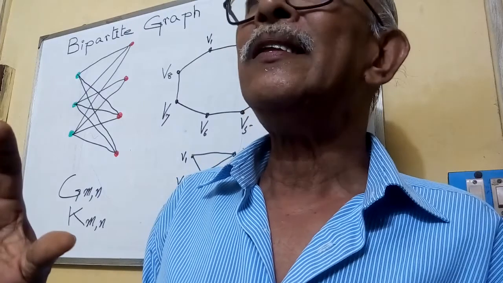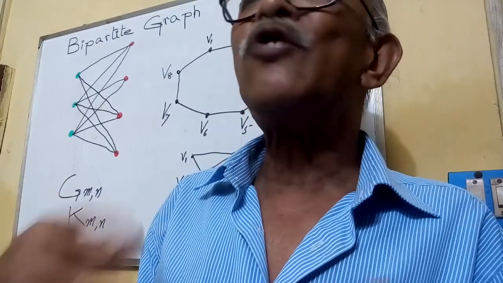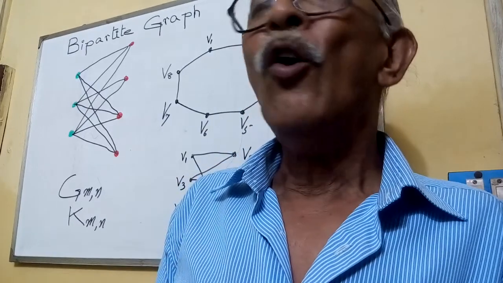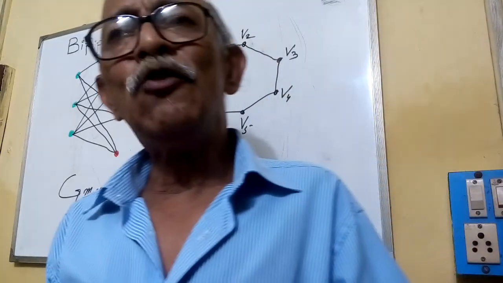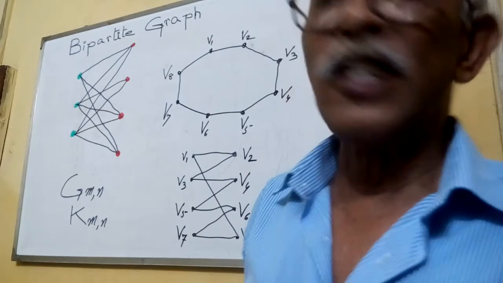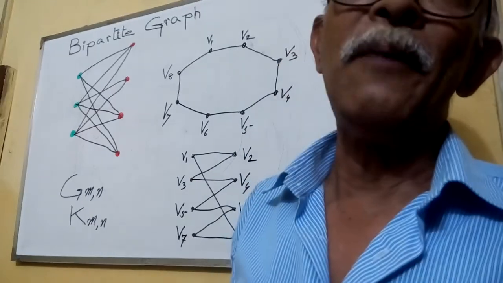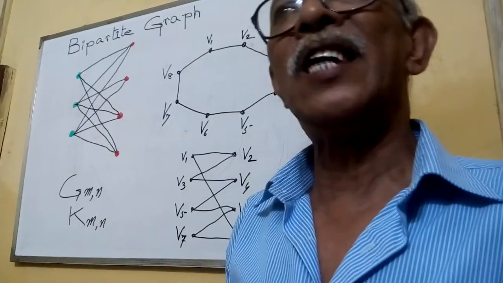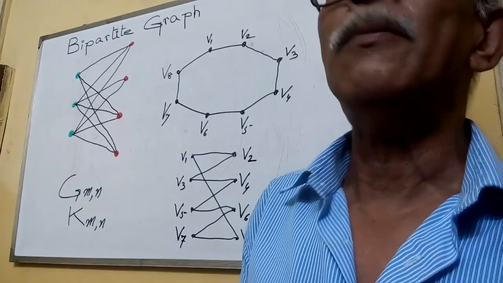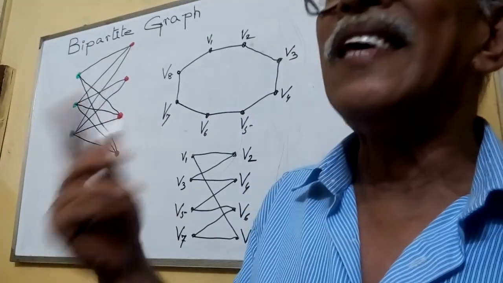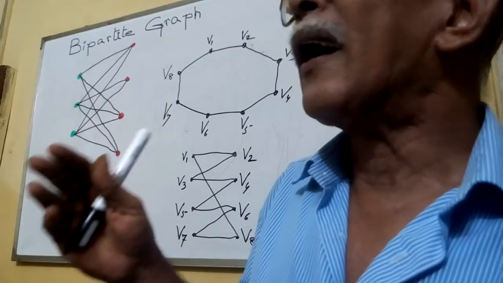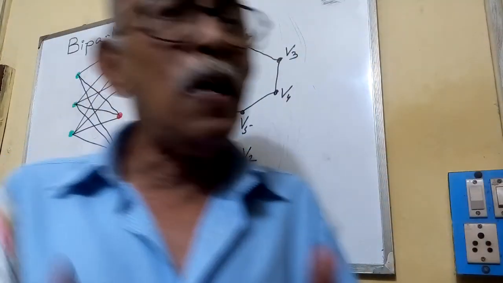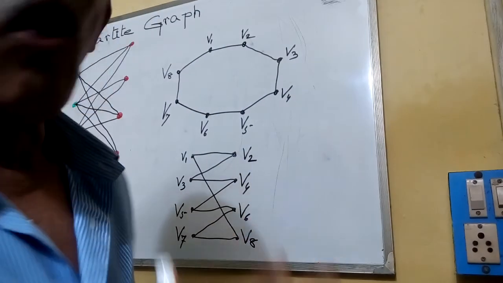Where there is no cycle of odd edges. If in a graph there is no cycle of odd edges, then it is a bipartite graph. Conversely, we can say in a bipartite graph there cannot be a cycle of odd edges. So combinedly we can say a graph will be bipartite if and only if there is no cycle of odd edges.